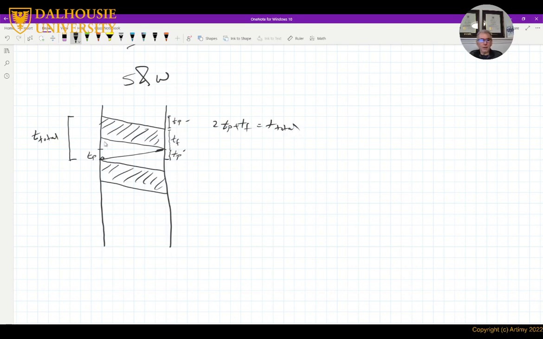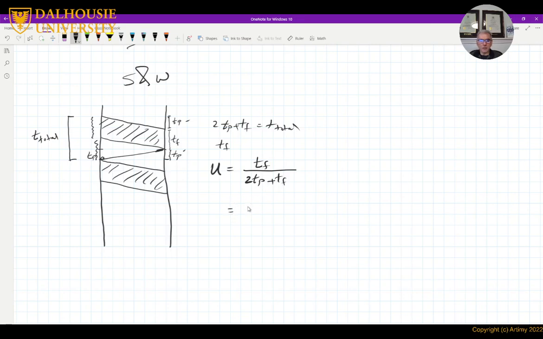Within this total time, the time that was used effectively to send data is TF. The rest is wasted time, just waiting, doing nothing, right? Waiting for acknowledgement. So the utilization of this channel is TF, the useful time, over the total time, which is 2TP plus TF.